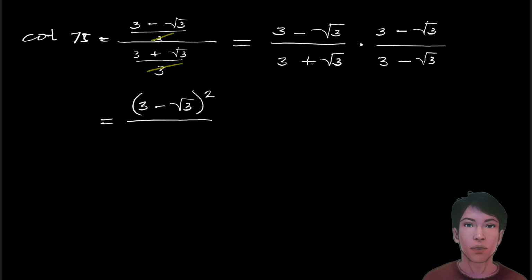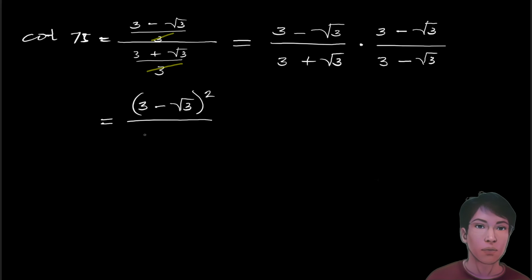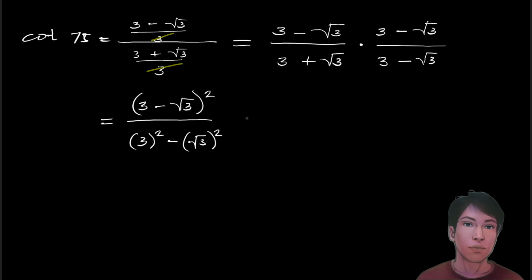And then this one, the difference of two squares, so we now have 3 squared minus square root of 3 squared.